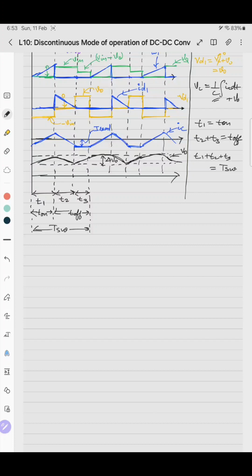Now apart from the steady state duty ratio D, we have to define one more duty ratio, because now there are 3 times, T1, T2 and T3.